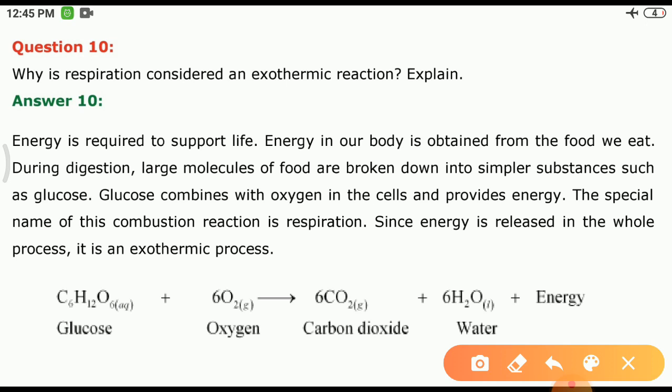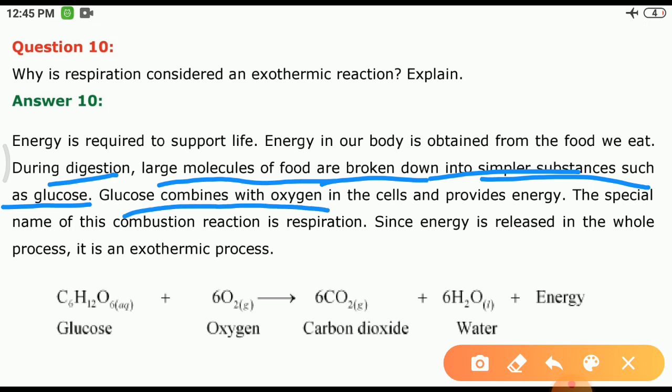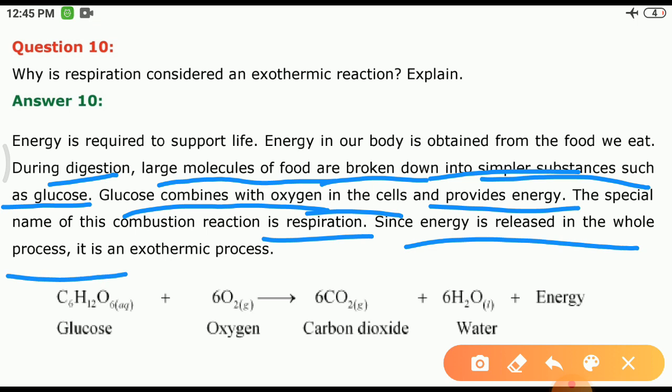Energy in our body is obtained from the food we eat. During digestion, large molecules of food are broken down into simpler substances such as glucose. Glucose combines with oxygen in the cells and provides energy. The special name of the combustion reaction is respiration. Since energy is released in the whole process, it is an exothermic process.